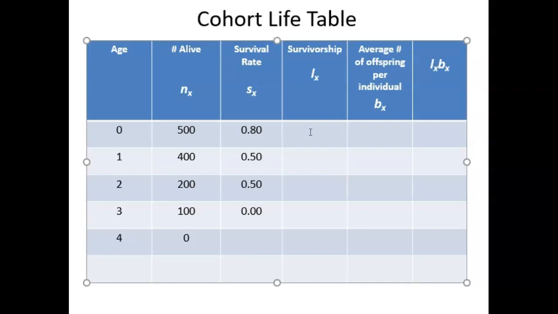Well, the answer is 100%. If you're alive at the beginning, what are your chances that you're alive at the beginning of 1 month? 400 to 500, 80%. If you're alive at the beginning, what are the chances that you're alive at the beginning of 2 months? Well, that's going to be just 200 divided by 500. That's going to be 40%.